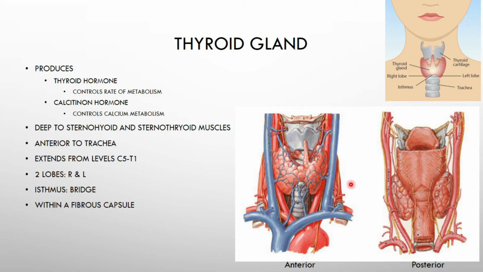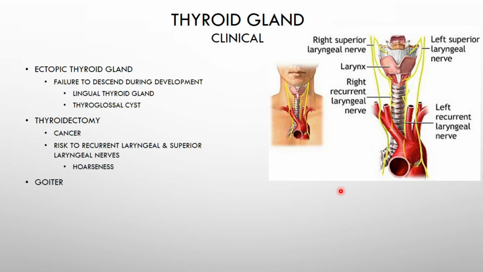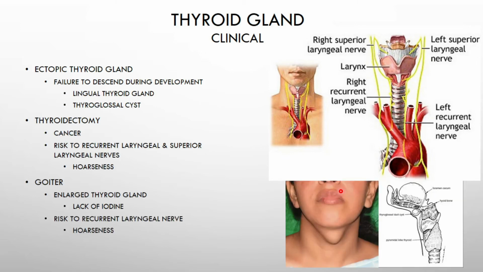So the thyroid gland itself sits within a thickened fibrous capsule, and then it's wrapped up in pretracheal fascia, if you remember us talking about fascia last time. When it comes to clinically important things regarding the thyroid gland, it has quite a funny development.